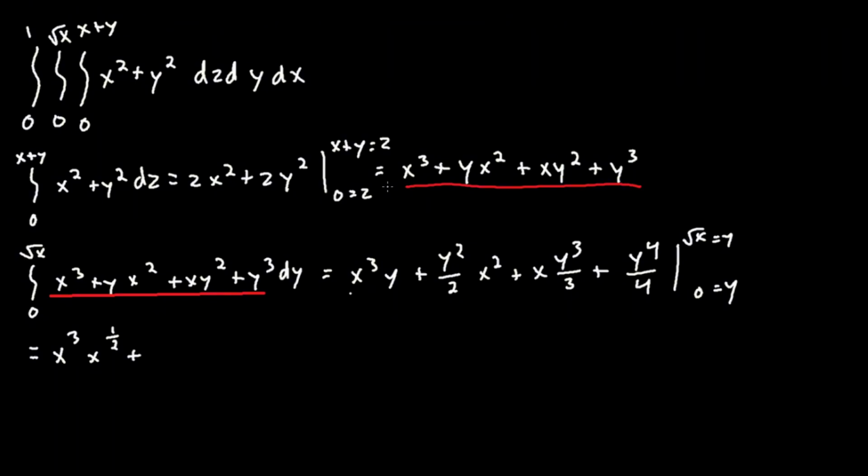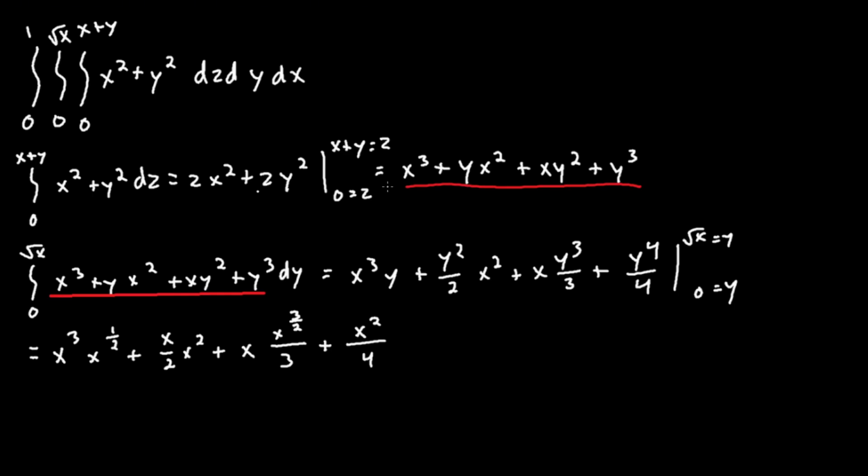So x squared here turns into x to the power of 2, plus x times y to the power of 3, which is x to the power of 3 over 2, using some basic algebra, and our final form will be x to the power of 2 over 4.